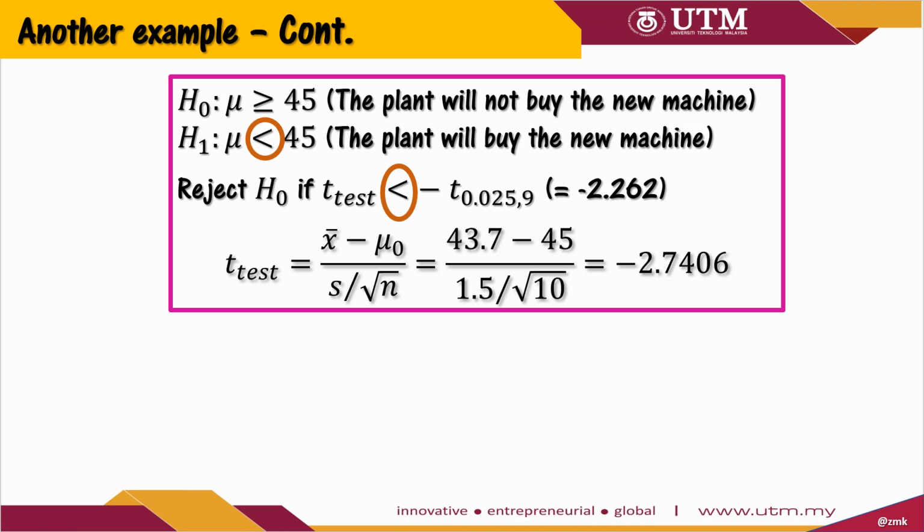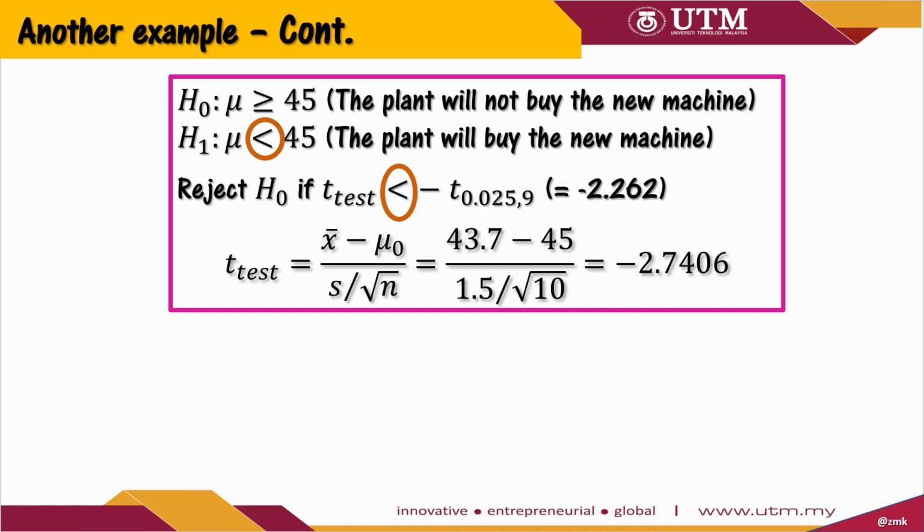We do not use sigma in the denominator because sigma again is unknown. Instead, we estimate or substitute sigma with the sample standard deviation S. The value of the test is then negative 2.7406.